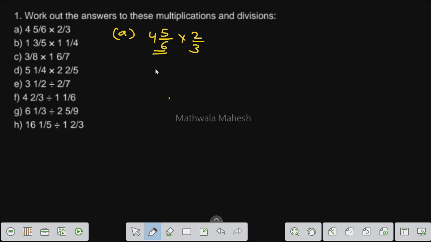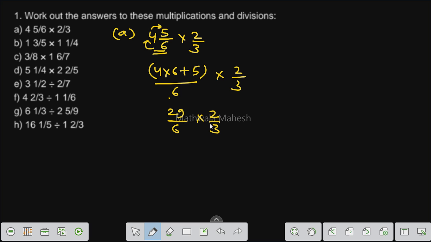We have to do 4 into 6 plus 5, divided by 6, and this is 2 by 3. So this is 24 plus 5, 29 by 6 into 2 by 3.